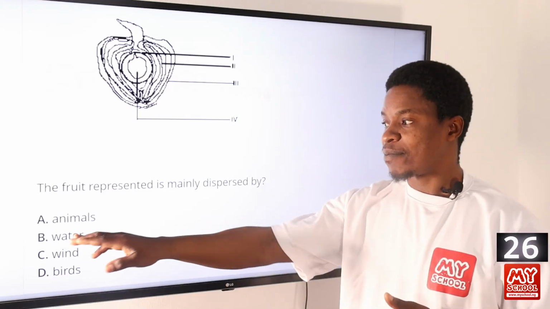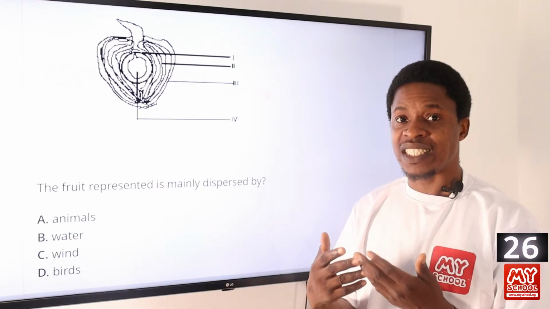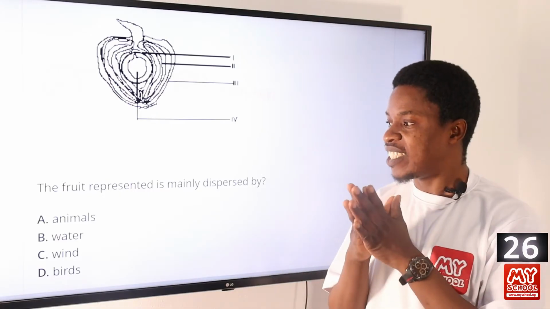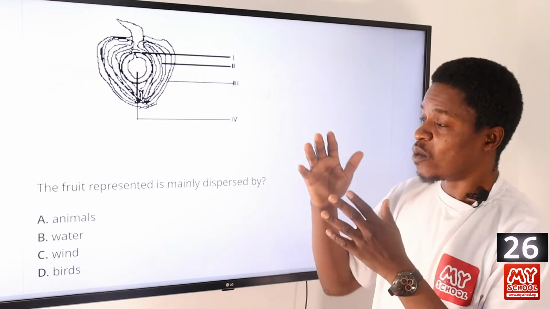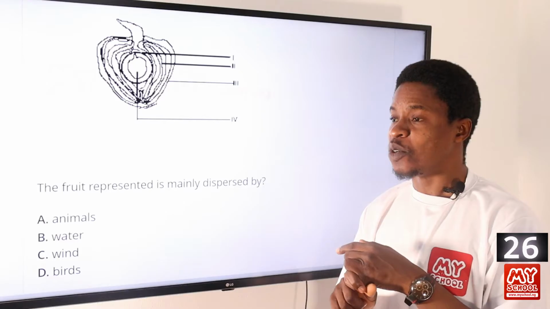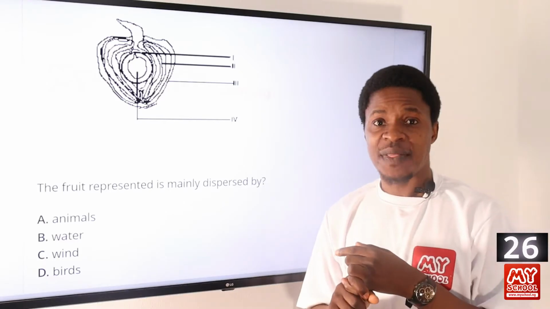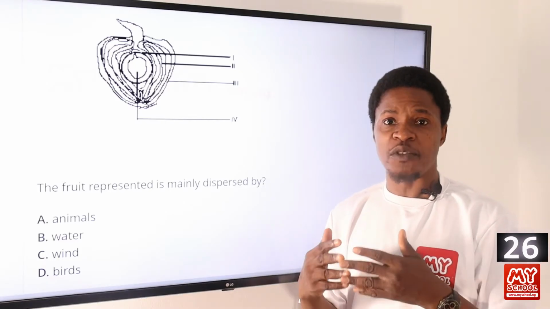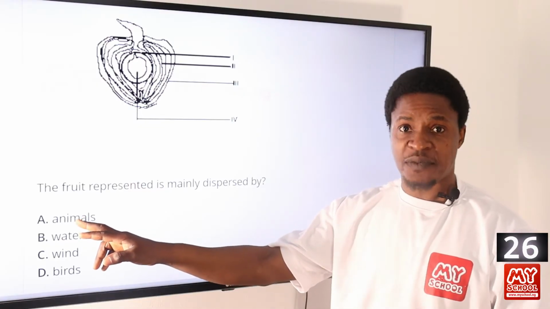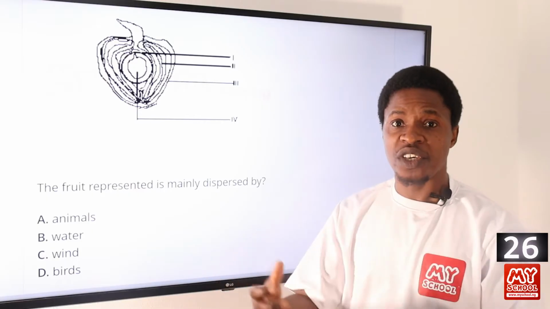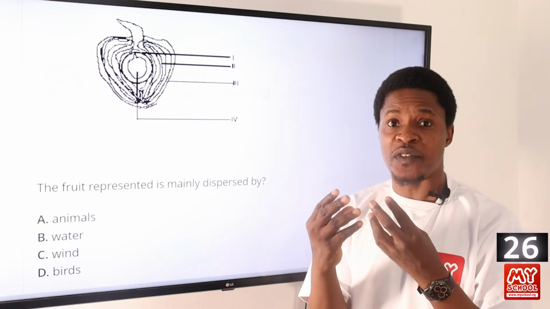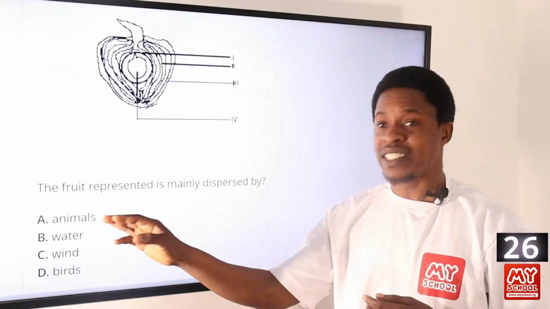Water can disperse any fruit that has weight, especially an object that cannot be easily moved by animals. Animals like bats, for instance, can take mangoes, because the sweetness of the fruit attracts animals and even birds.